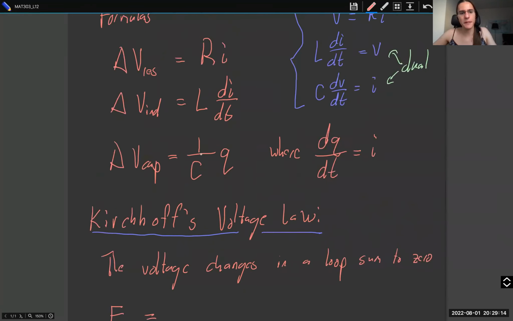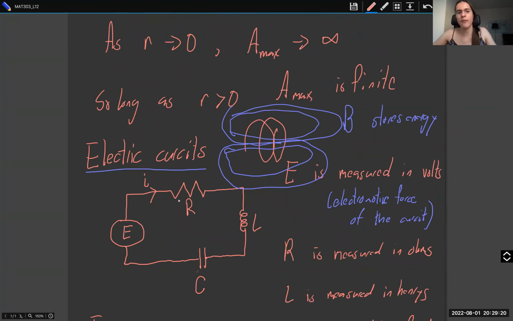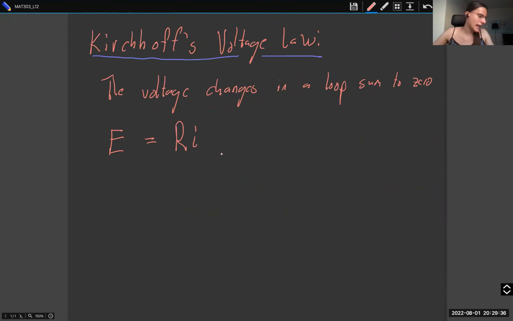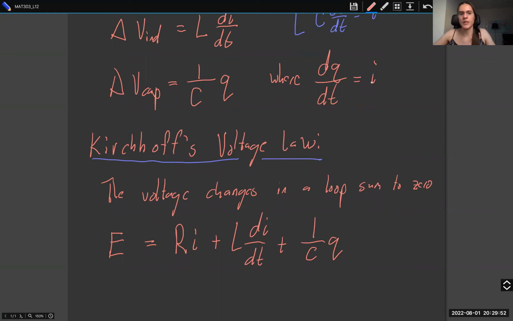And the sum of the drops is going to be Ri. This is only in the case of this circuit where we have a resistor, an inductor, and a capacitor connected in series. In general, you might have 2 resistors, or some of these components missing. But if you have all of these components, then the voltage drop is going to be this, plus the voltage drop across here, plus 1 over C times the charge. Now, we want to express this in terms of I, so we differentiate.